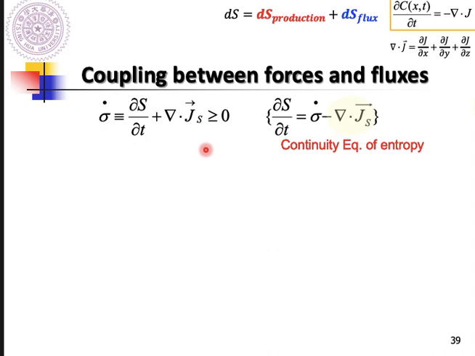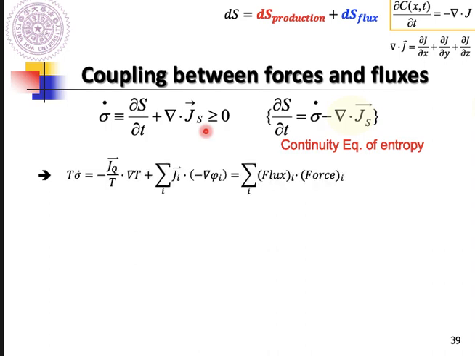So the entropy production rate per volume can also be expressed like this, and this value is greater than or equal to 0.